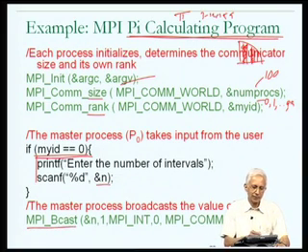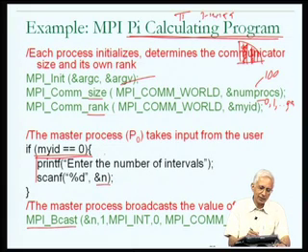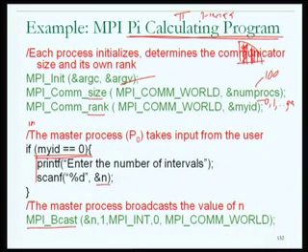Again, somewhere in here there should have been a declaration of a variable called n. So each of the processes has a variable called n. It just happens that the copy of n in the address space of process P0 will have the value that is meant to be broadcast.